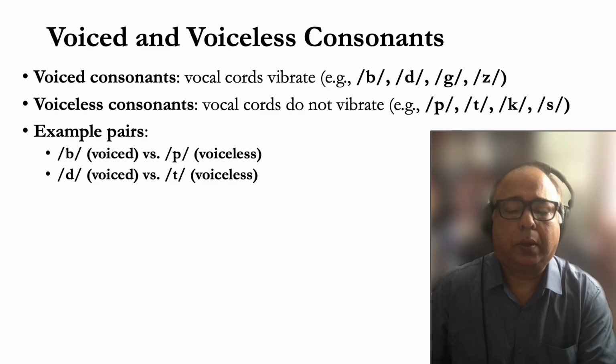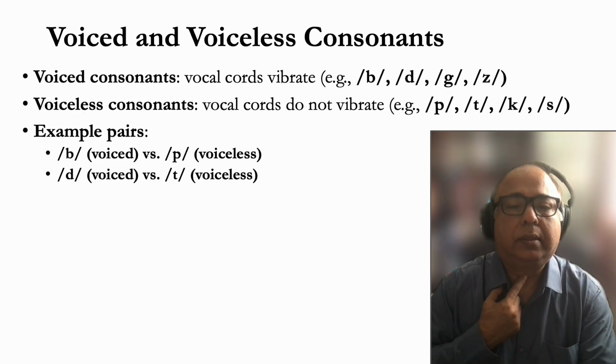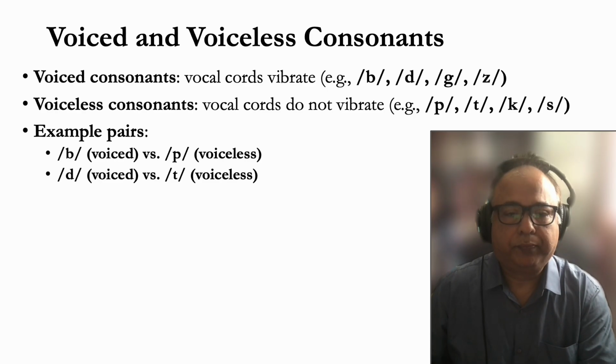So that is why they're called voiceless consonants. We'll also look at some example pairs. B is voiced. Again, P is voiceless. D, voiced, versus T, voiceless.